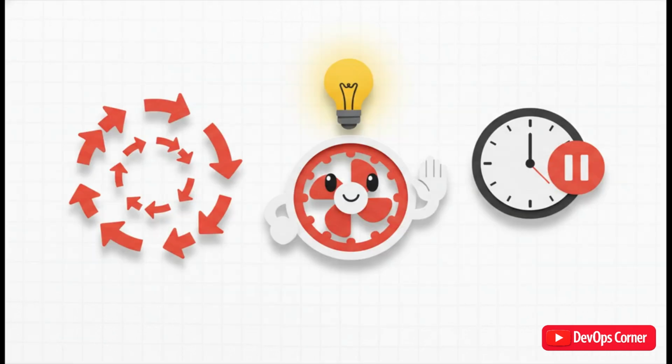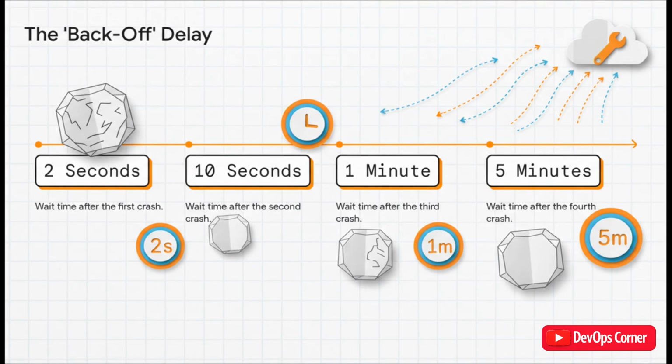But, Kubernetes is pretty smart. It's not just going to sit there and mindlessly restart a failing pod 1,000 times a second. It sees this pattern, this loop, and it realizes, hey, just instantly restarting something that's doomed to fail is a total waste of resources and it's not helping anyone. So instead of just hammering the system, it does something else. It adds a delay. And this delay is the whole back-off part of the puzzle.